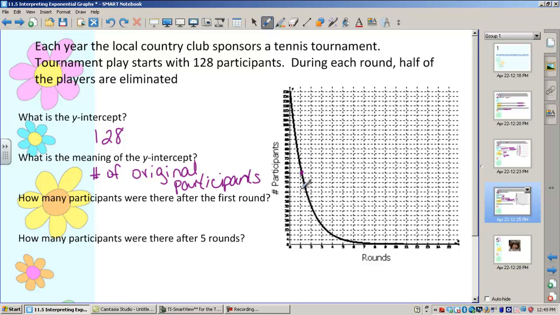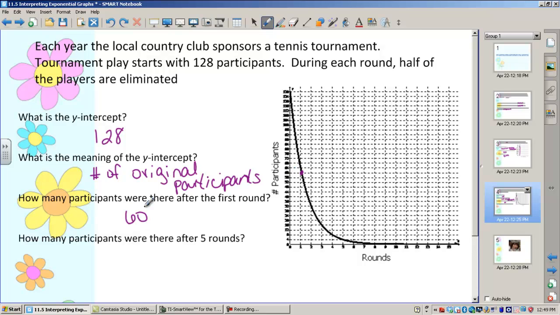As I'm looking at my graph, I have to take that back. It goes by 4s. There's 4, 8, 12, 16. And so this is 52. This is 56. And so this is 60. So after the first round, there were only 60 participants left.